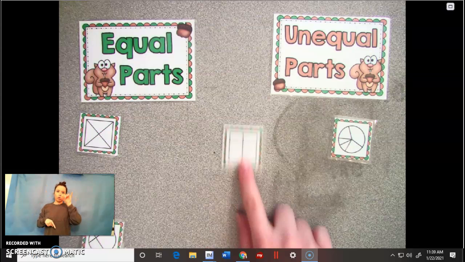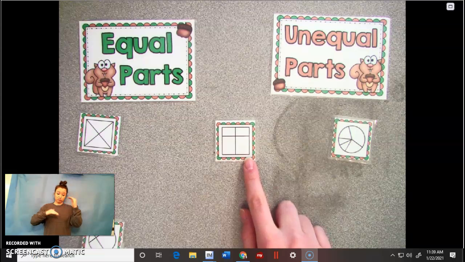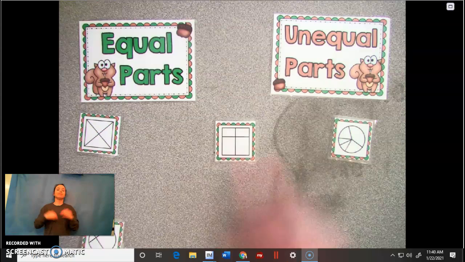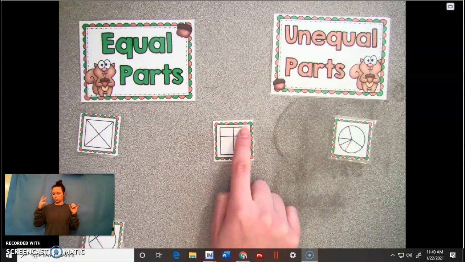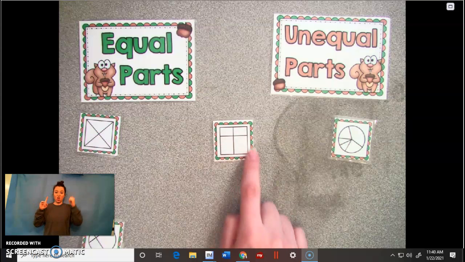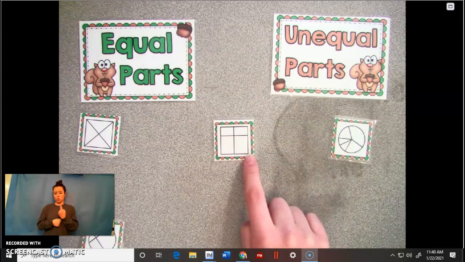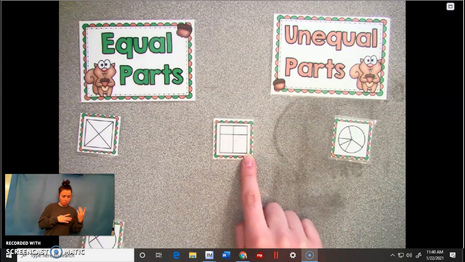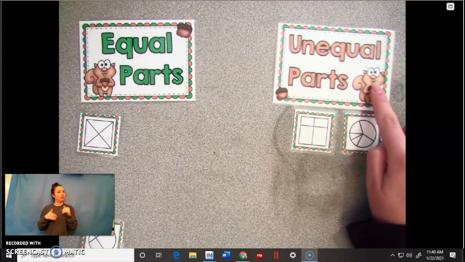All right, let's look at this next one. Is this equal or unequal? He's unequal. These two are the same, and these two are the same, but they're not all 4 the same. So if someone got a small piece and someone got a big piece, that wouldn't be equal. He gets to slide over here to unequal.